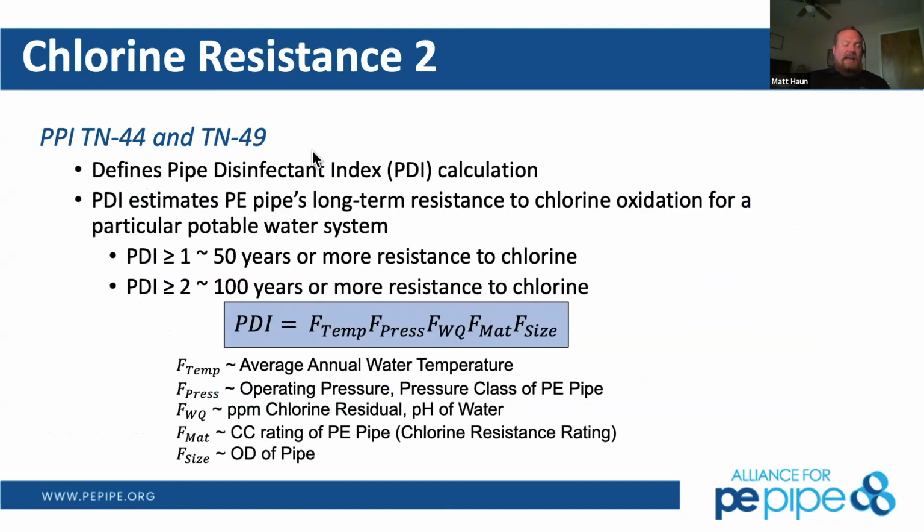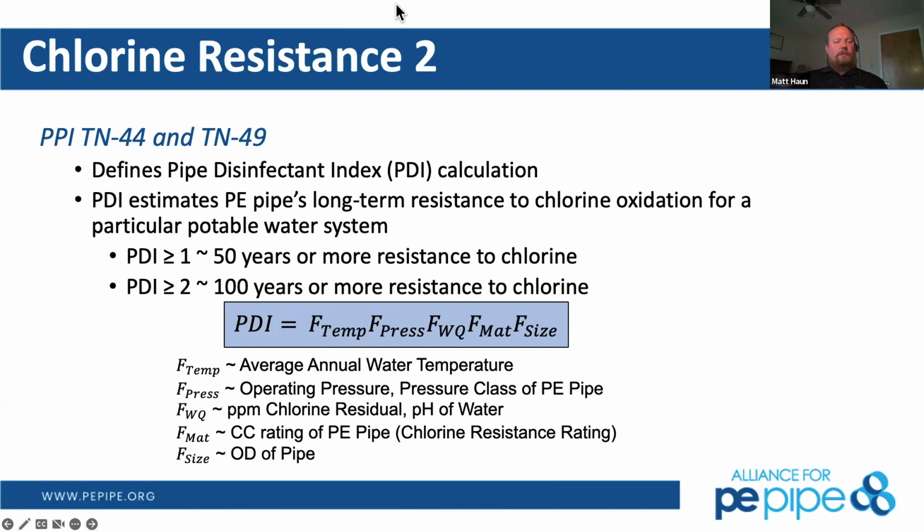The EPA has limits, a maximum and a minimum that need to be set. What the folks at PPI, with the help of Jana Labs research, developed is a model that allows us to evaluate your municipality's or water system's situation to make sure that the residual chlorine or disinfectant isn't going to affect your potable water system.